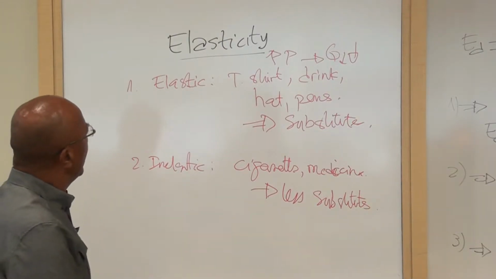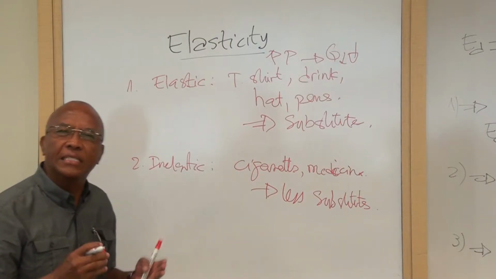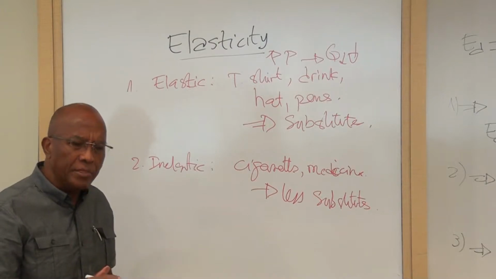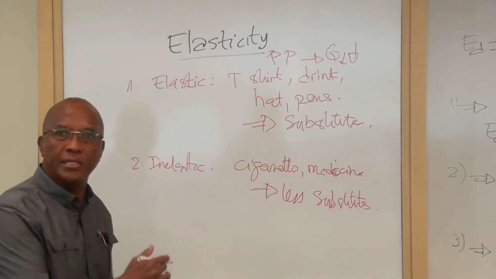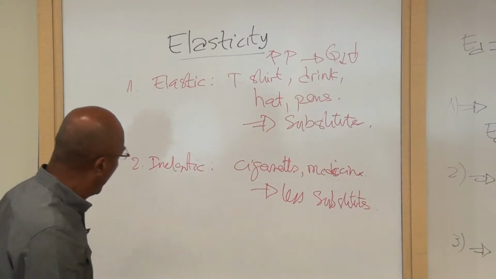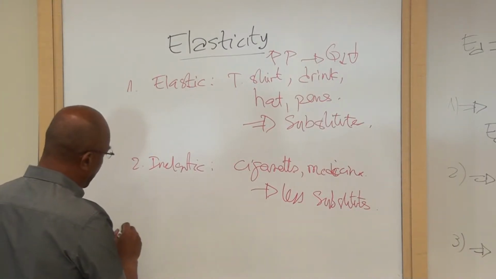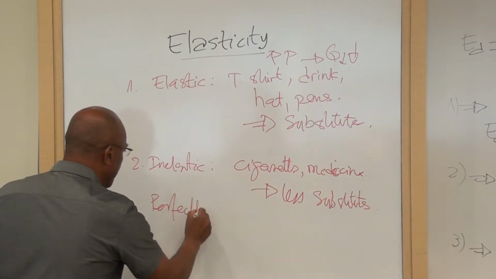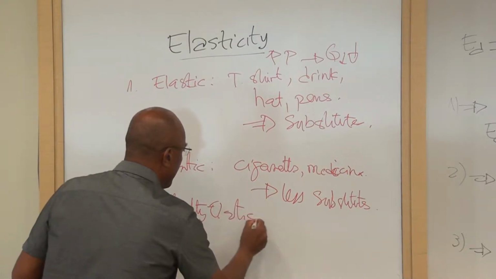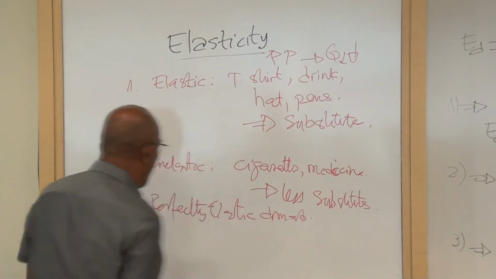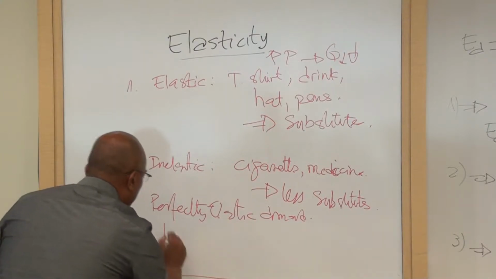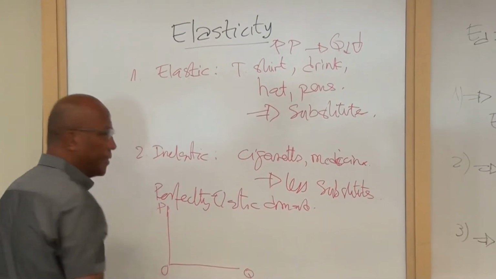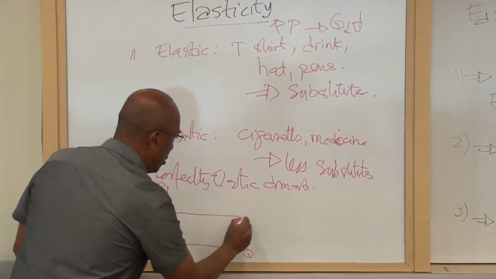Now, why is elasticity a big deal? Elasticity is a big deal because sometimes there are extreme cases. Let's say, for example, we have perfectly elastic demand. In a perfectly elastic demand, the demand curve itself is very much horizontal.